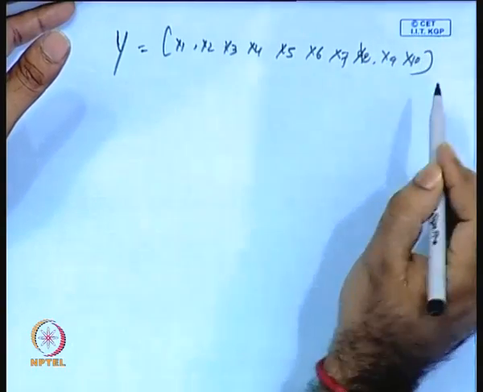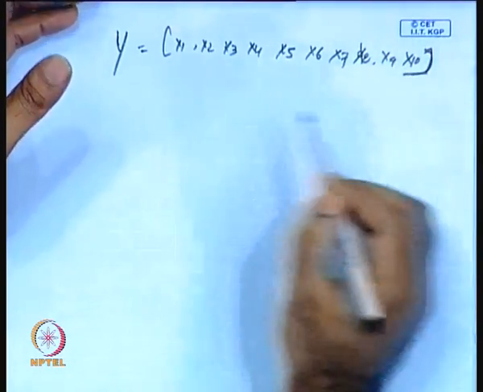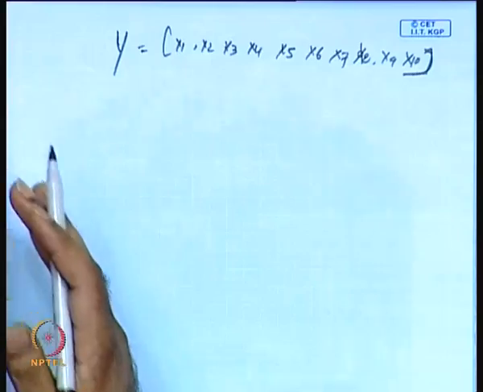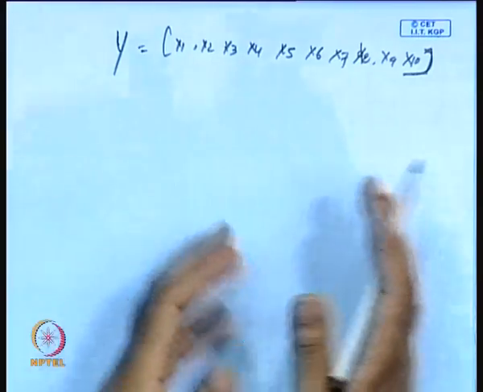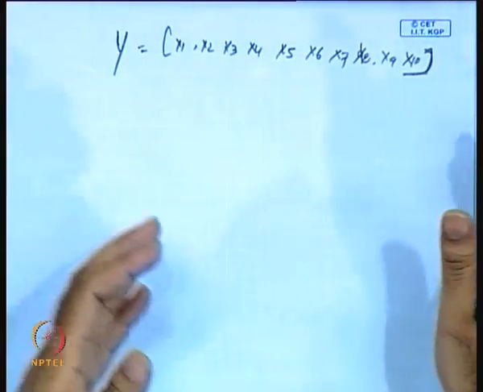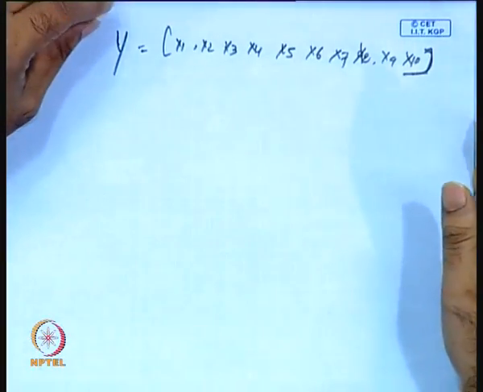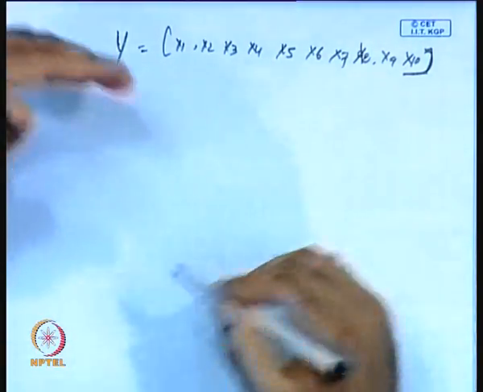Let us assume that the model consists of one dependent variable y and 10 independent variables x. So now you go by the estimation process.